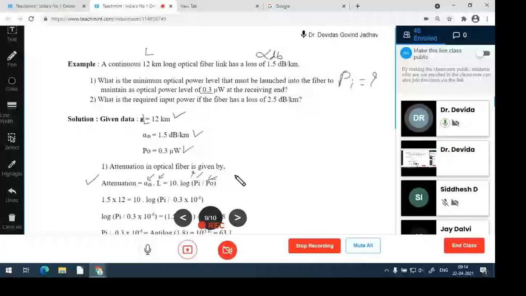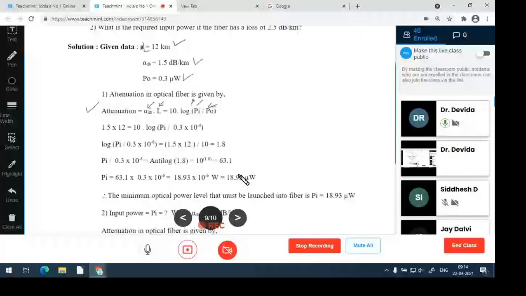So from the attenuation formula, we will use this part: alpha dB into L equals 10 log Pi upon Po. Alpha dB is 1.5 dB per kilometer, length is 12, 10 log Pi upon Po, where Po is 0.3 into 10 raised to minus 6, 0.3 microwatt.